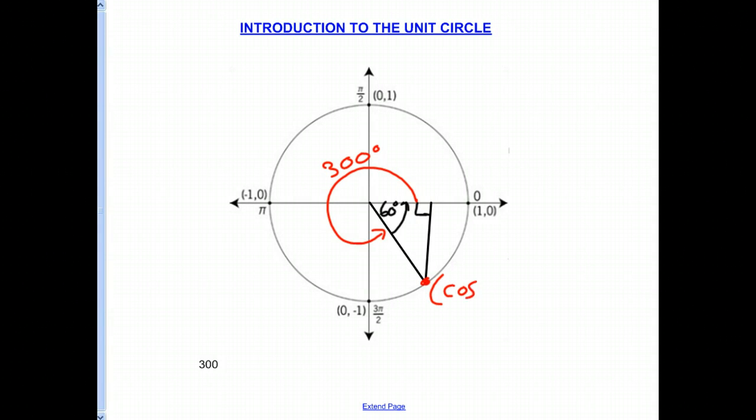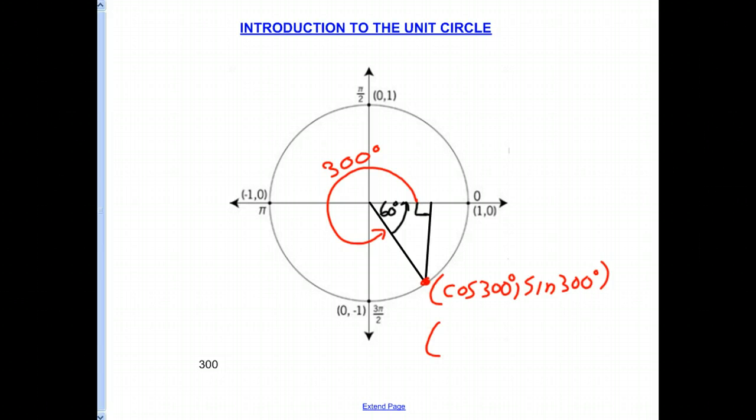The cosine of 300 degrees would be our x value, and the sine of 300 degrees would be our y value. And we notice that the cosine of 300 degrees will be the same thing as the cosine of 60 in the fourth quadrant. Cosine of 60 we know is a half, and in the fourth quadrant that is positive.